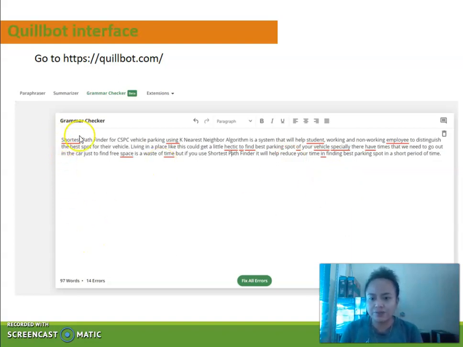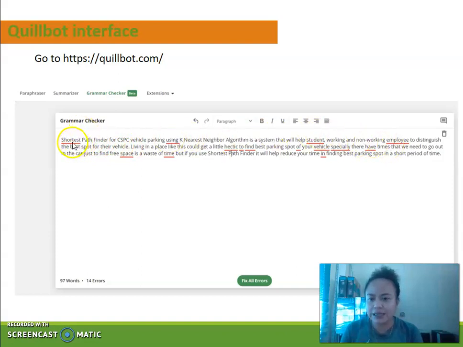Okay, so in here: the shortest path finder for CSPC vehicle using k-nearest neighbor algorithm is a system that will help student working and non-working employee to distinguish the best path for their vehicle. So we see that in this first sentence, we have 1, 2, 3, 4.